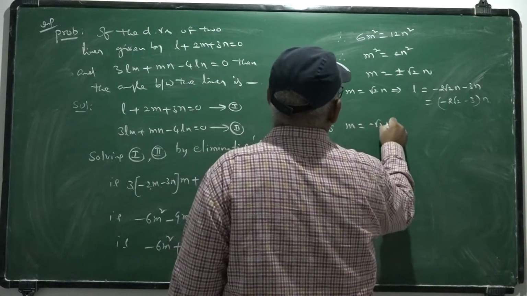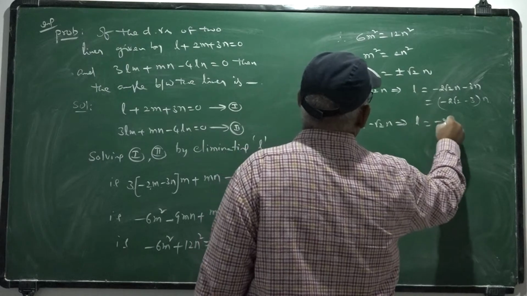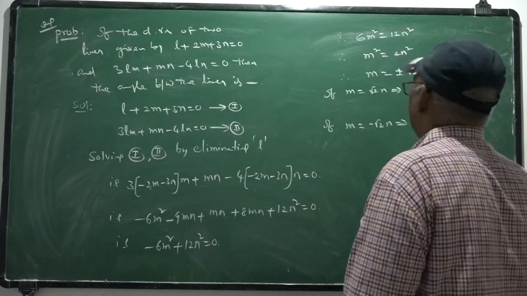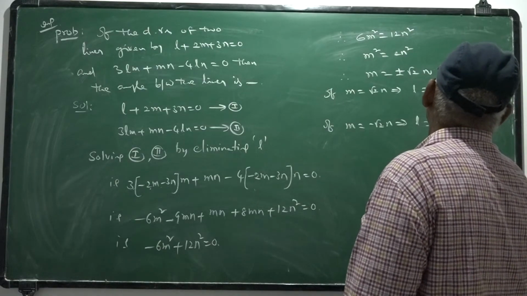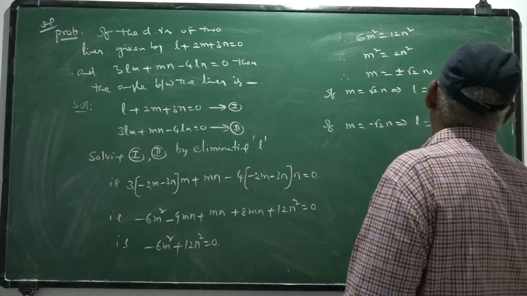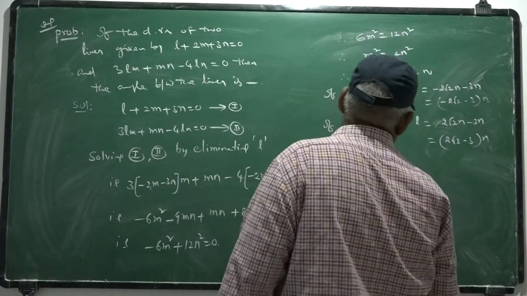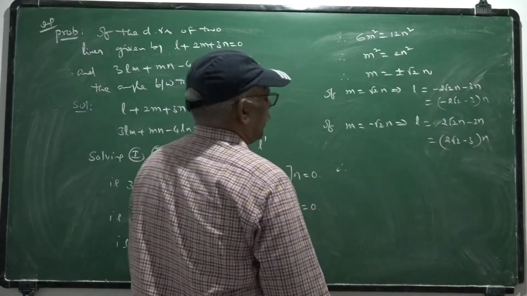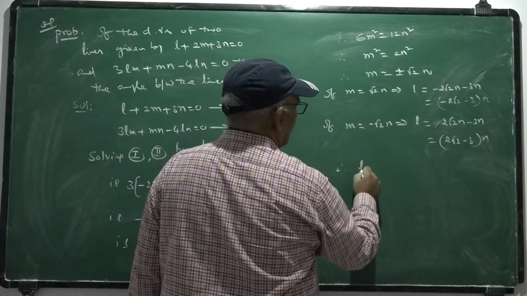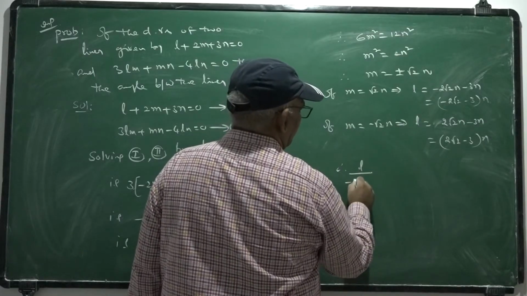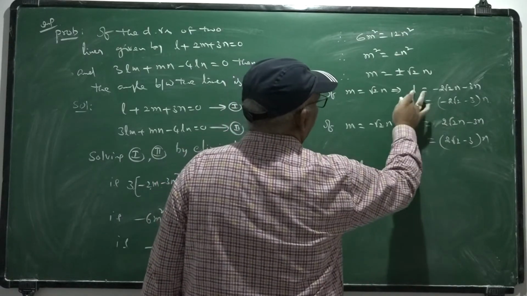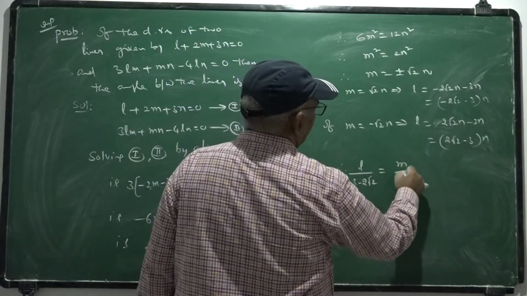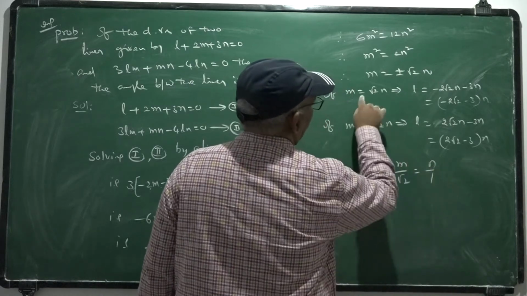If m equal to minus root 2 n implies l is minus 2 root 2 n, of course this is minus 3n, which is 2 root 2 minus 3 n itself. So therefore l by minus 3 minus 2 root 2, l by minus 3 plus 2 root 2 equal to m by root 2 equal to n by 1 from these two.